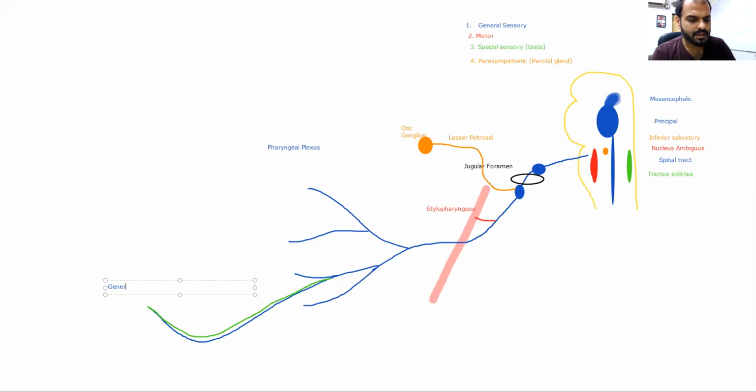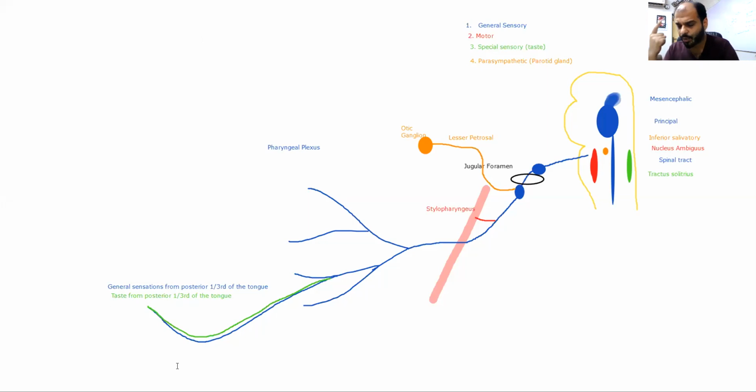The general sensation, like pain, touch, itching, temperature, vibration, each and everything, general sensations from the posterior 1/3 of the tongue, and I may change the color into green, which designates the taste or the special sense. So it also carries taste from posterior 1/3 of the tongue. So done with it.